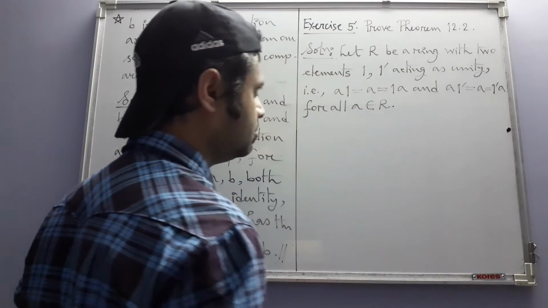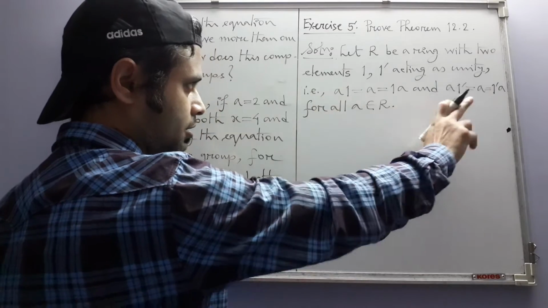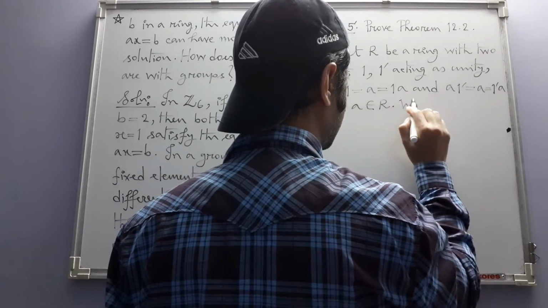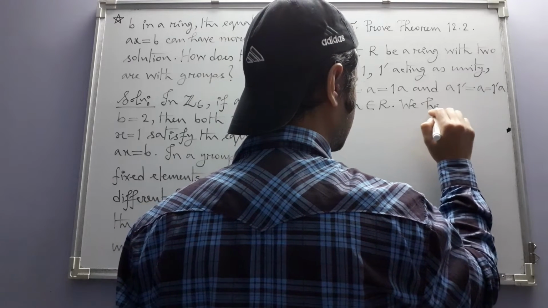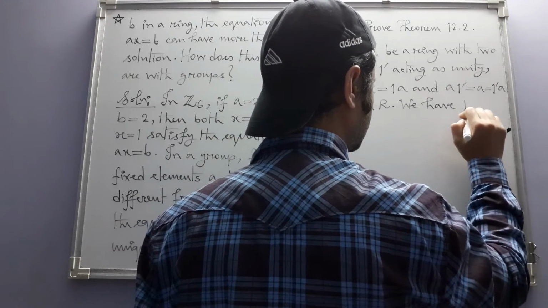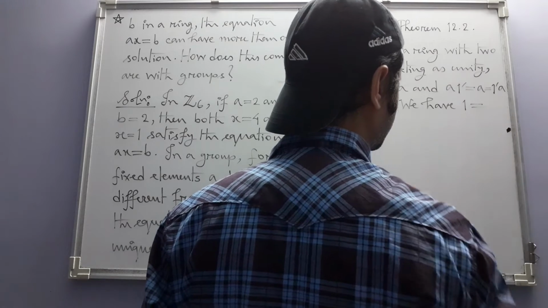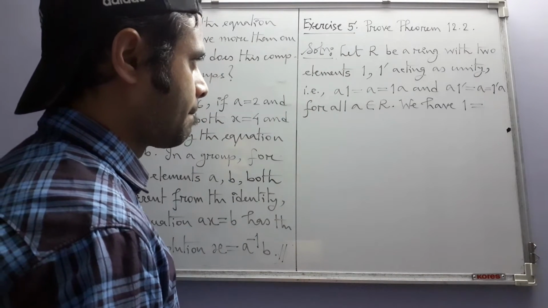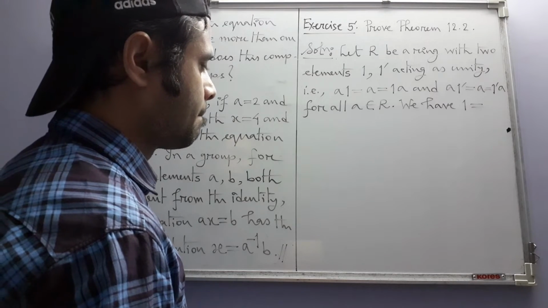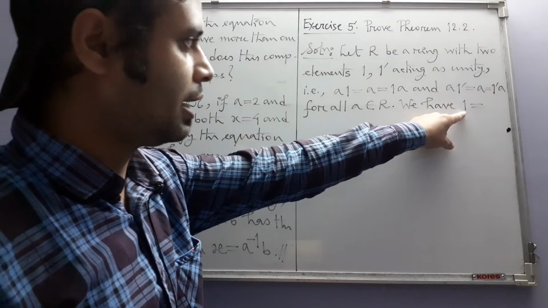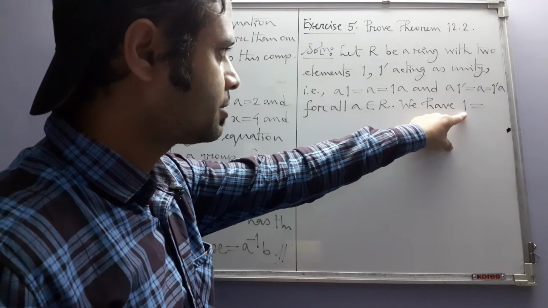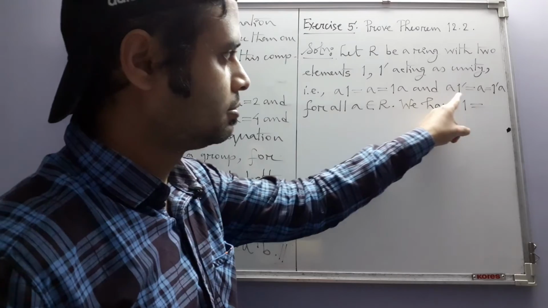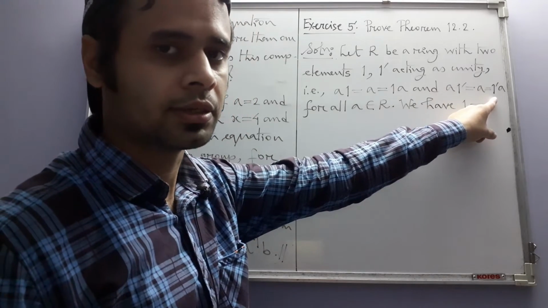So what we do, we use these conditions, these equations, and we start with 1. Now you think of 1 in place of A here in the second equation.